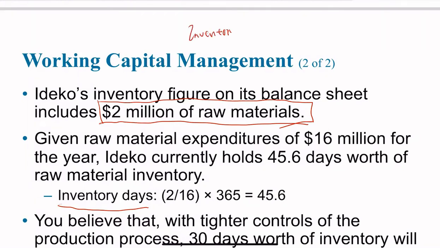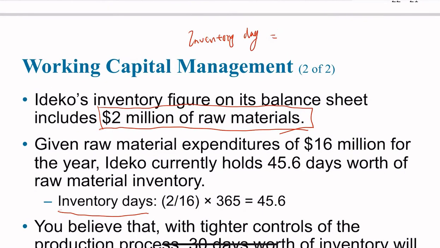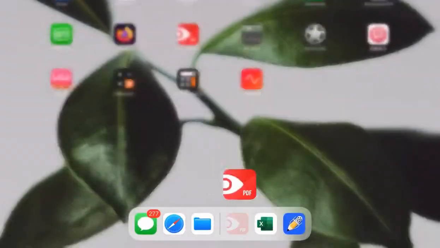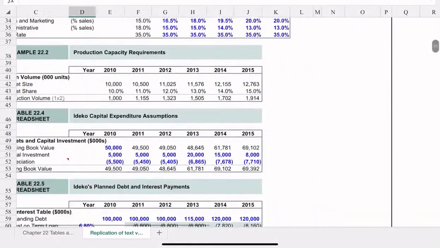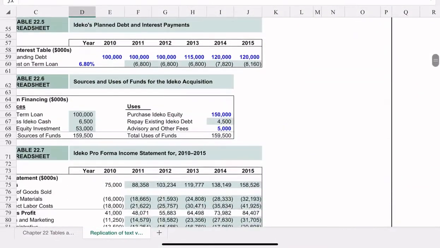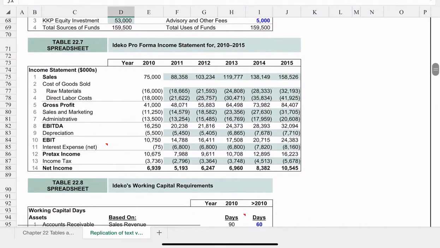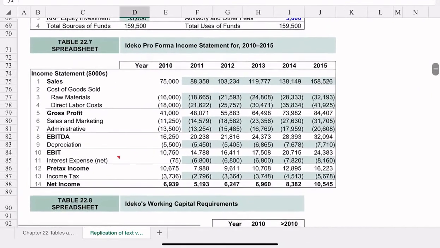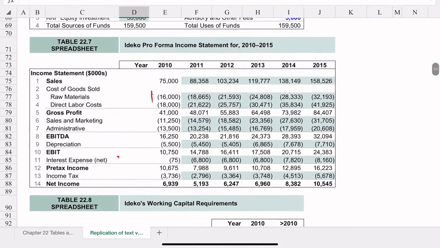So inventory days equals 2. And then what is the denominator? Well, if you go back to this Excel, then you can see that there is this total cost of raw materials.